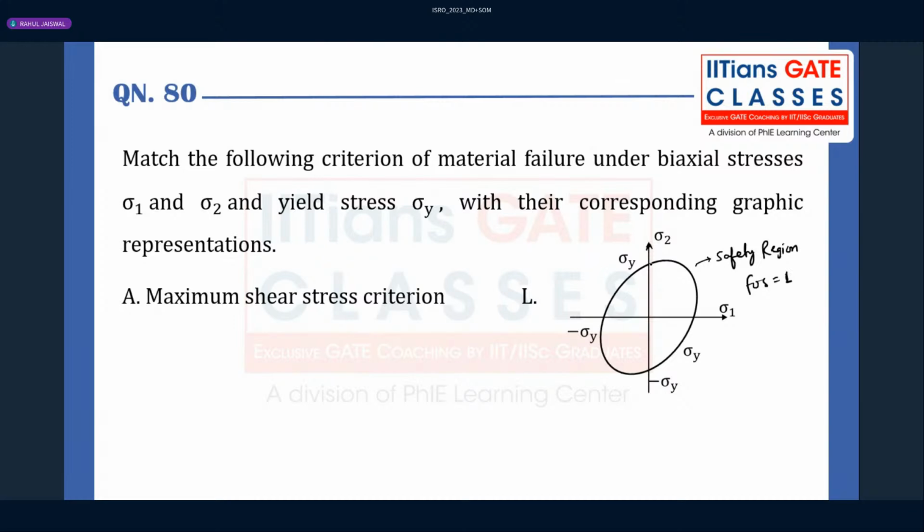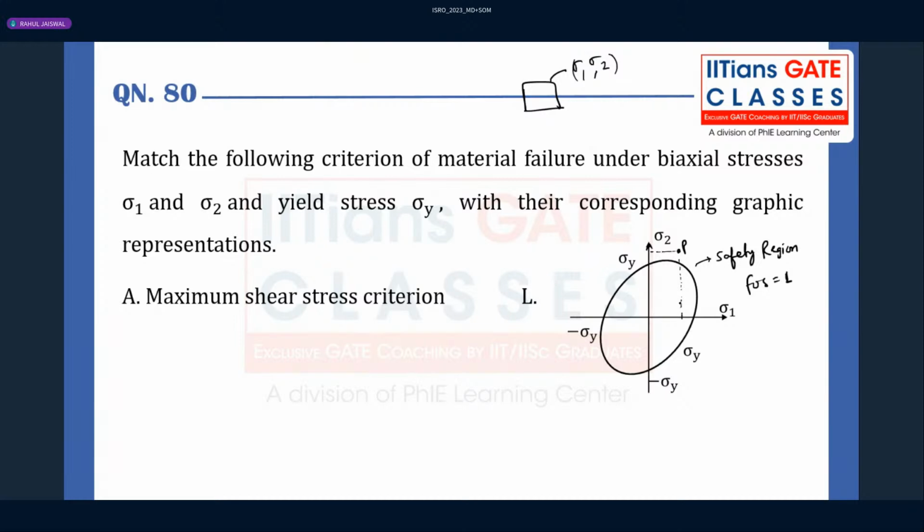That means your point should not go beyond this point. Let's say point P is lying here. When you design and load the component in such a way that you get sigma 1 and sigma 2 coordinates something like this, that means the material has already failed by some theory of failure. That is the meaning of that graphical representation of sigma 1 and sigma 2.